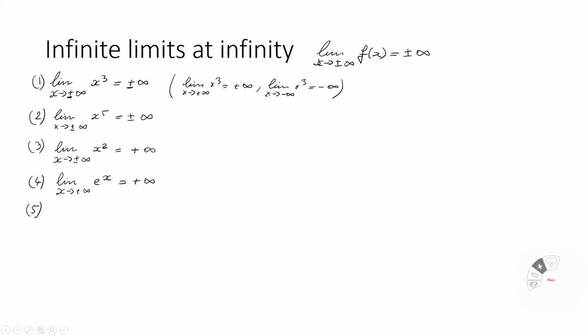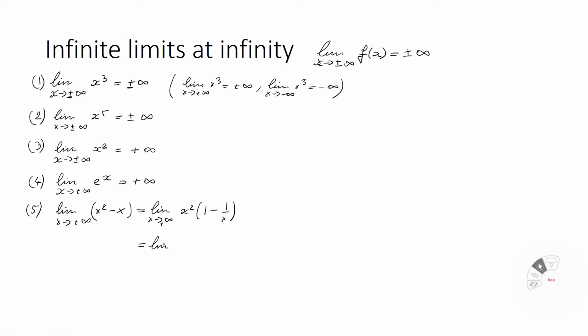And then the last one that is maybe a bit more work to calculate, x going to plus infinity of x squared minus x. At first sight, this would tell you that it's infinity minus infinity. That doesn't really make sense, so let's be a bit more circumspect about it. We can write this as the limit of x squared times 1 minus 1 over x.